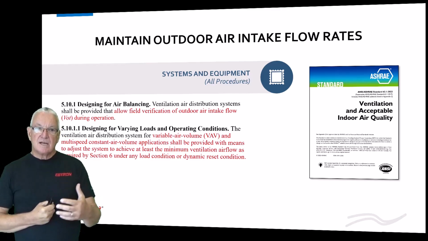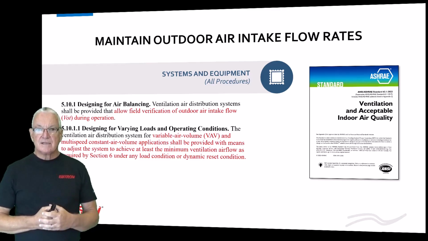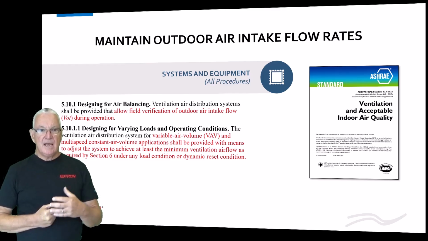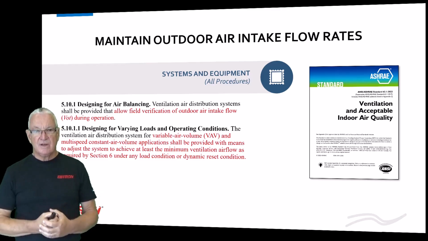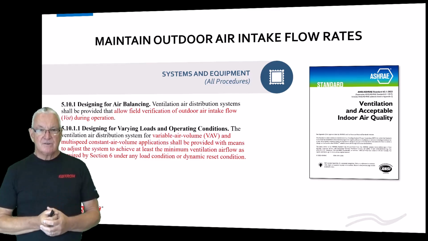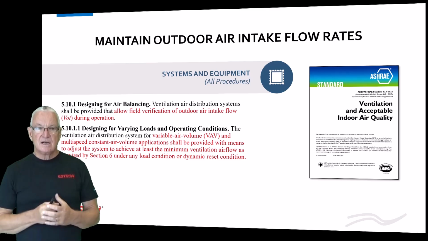But then it goes on to say here, designing for varying loads and operating conditions, the ventilation air distribution system for VAV and multi-speed constant volume applications shall be provided with means to adjust the system to achieve at least the minimum ventilation airflow as required by Section 6.